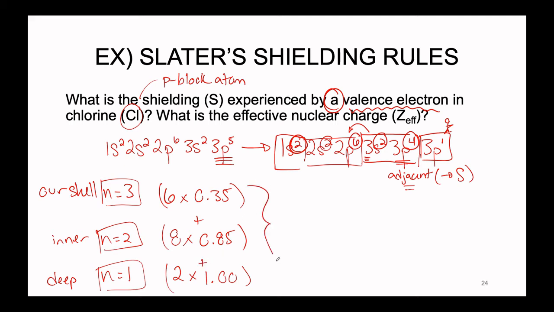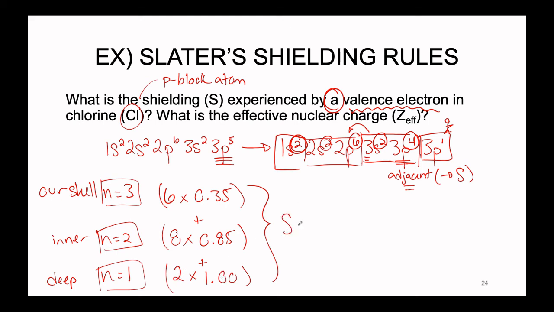So our total shielding factor is going to be a sum of each of these 3 cases, where the 6 electrons that are adjacent to us, again, are blocking our view 35% of the time. The electrons in the first shell in are going to be blocking our view 85% of the time, and the innermost electrons we see all the time.